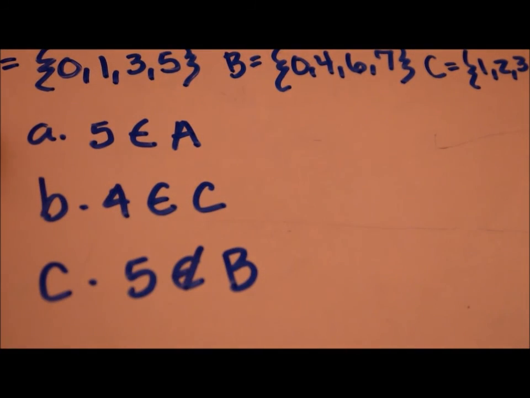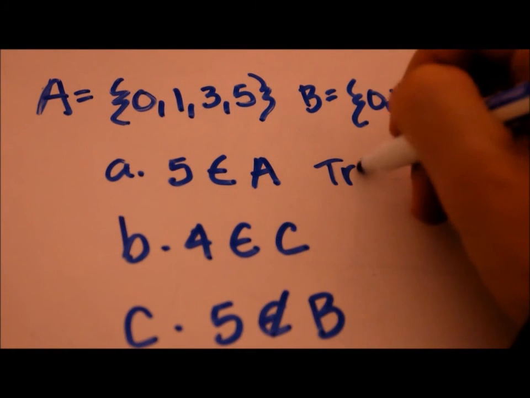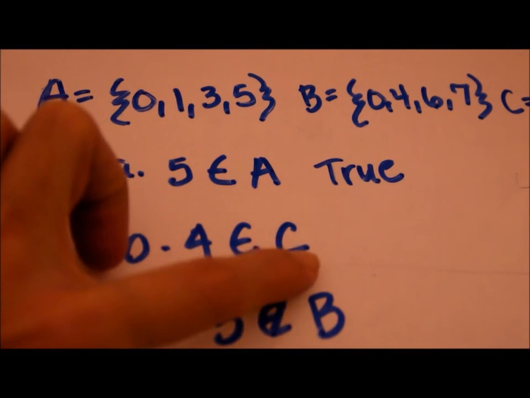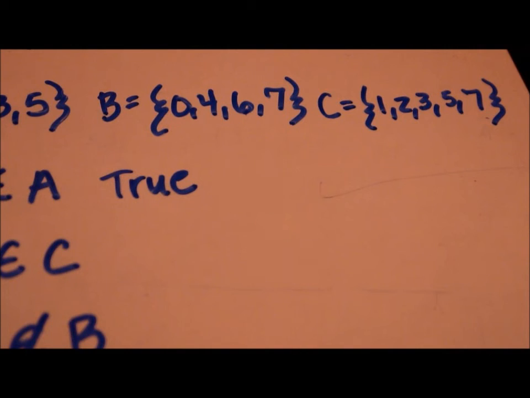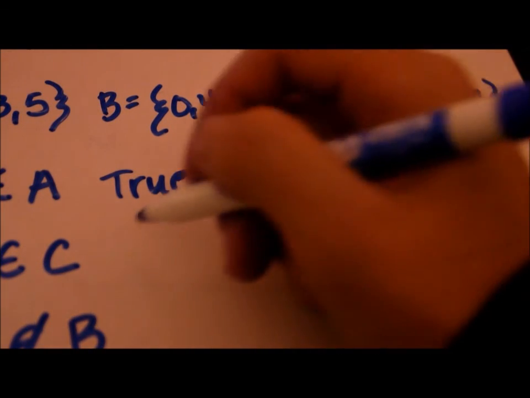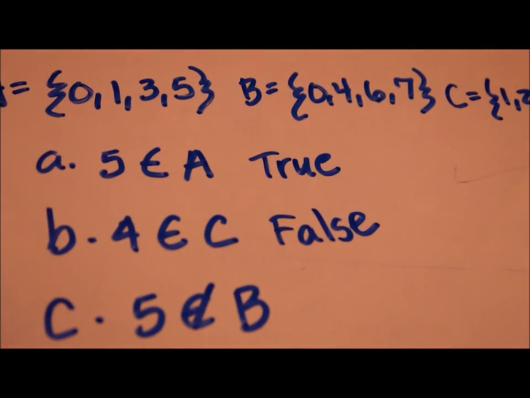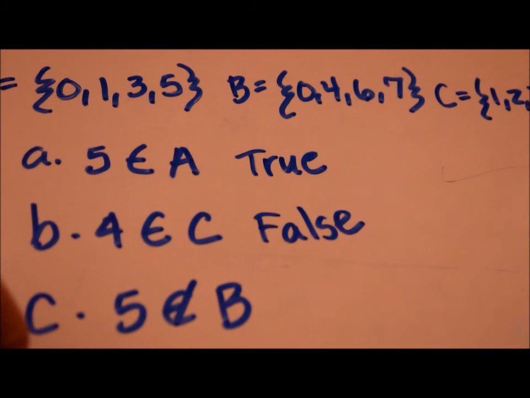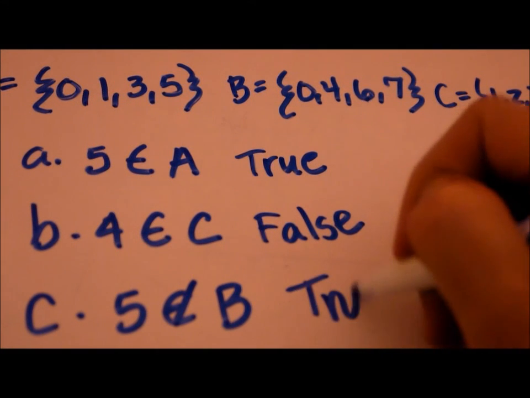What they're asking here is, is 5 a member of A? We look up there and it is, so we say true. That symbol means an element of, or included in, set B. So is 4 included in set C? I do not see a 4 in the members, so that would be false. 4 is not a member of set C. Then is 5 not a member of set B? Yep, that's true. I don't see 5 in there, so we'd say true.